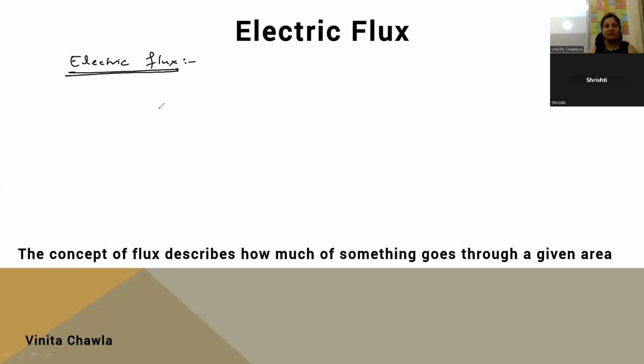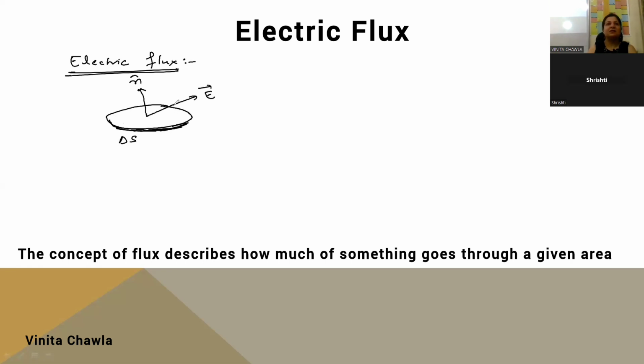Okay? So suppose we have a surface. Please write this, Ram. We have this surface. This is an area element. And so this normal represents the direction of area element. And let's consider this direction as the direction of electric field intensity.